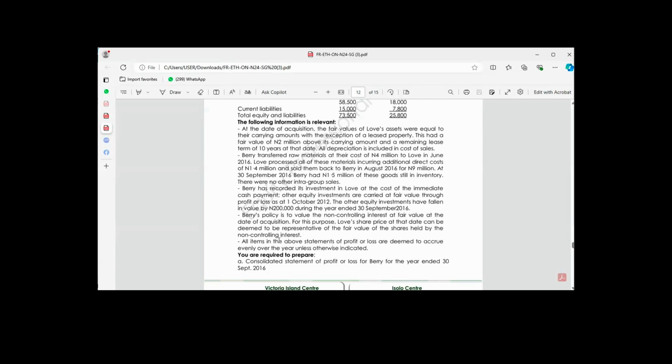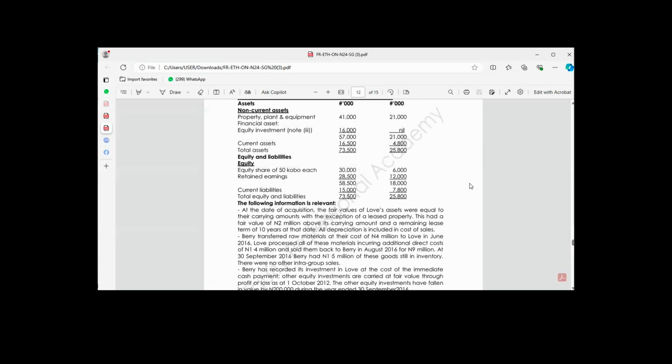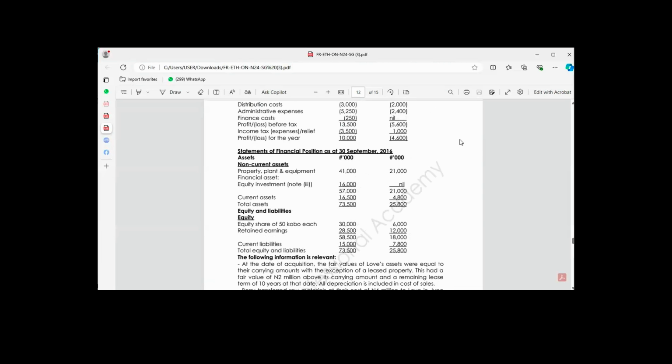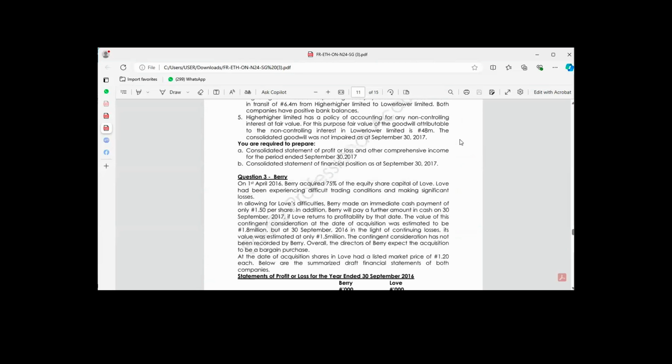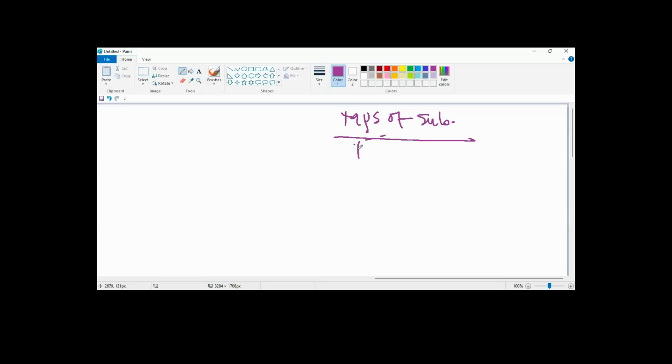How do I know the value? Very simple. What is the total shares in the company? 6,000. What is the nominal value? 50 kobo. What is the group structure? 75%. With this, I will know the value of NCI.